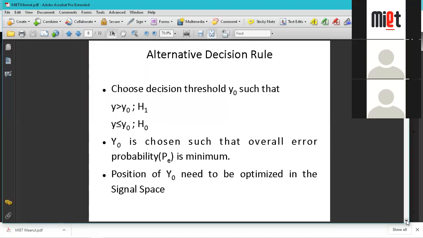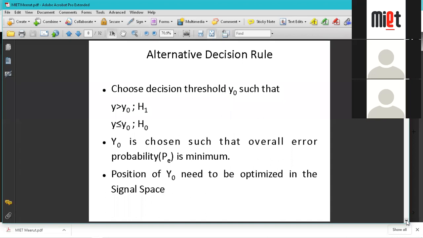So, alternative decision rules. We have to decide between 0 and 1. Now we have to insert some hyperplane in between. The left side of that is 0. The right side of that is 1.